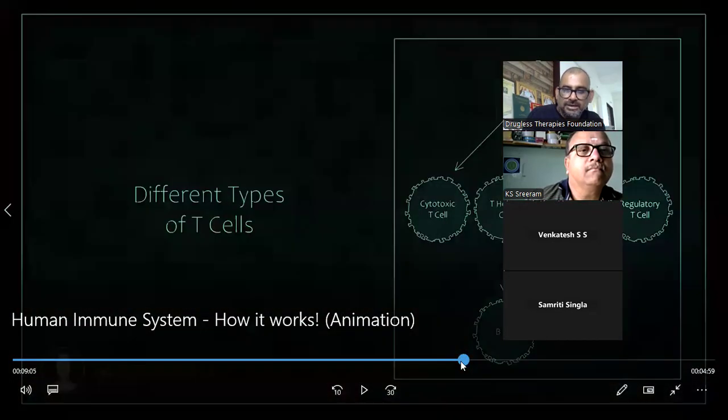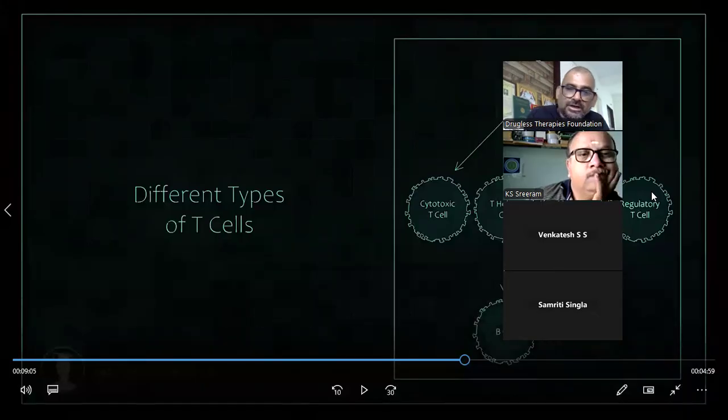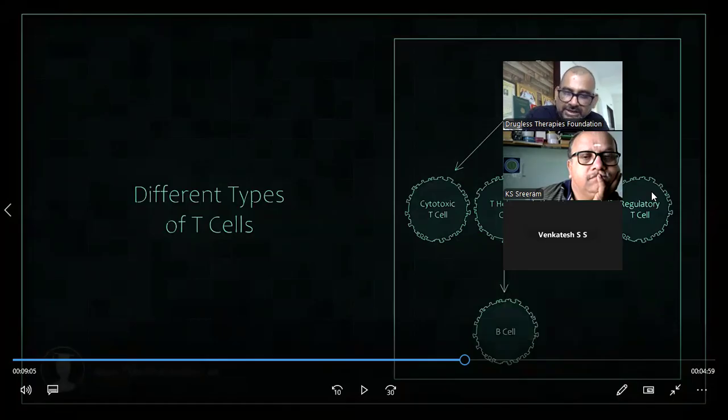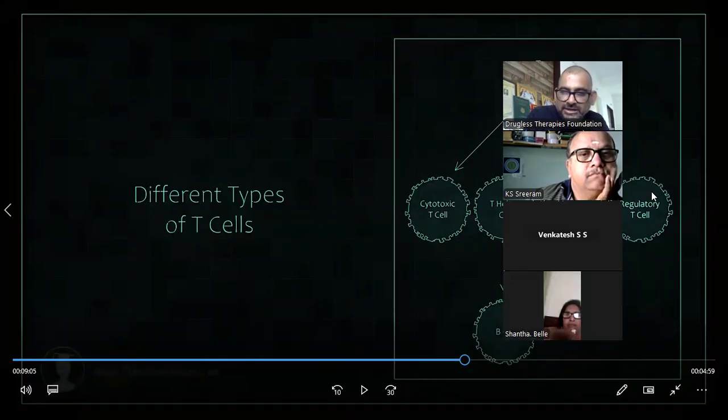In immune therapy, what they do, they grow these cells outside the body. Everyone's blood is specific to the person, so they draw the blood and they separate the T cells. You see there are so many T cells here, so they grow them in the lab and induce them back to the body.